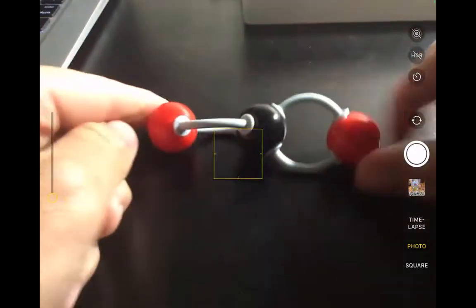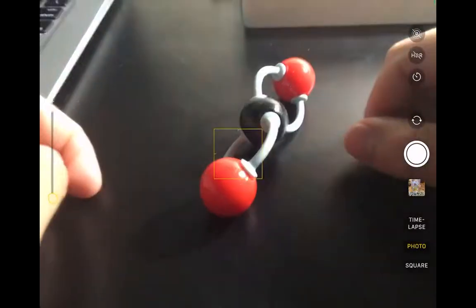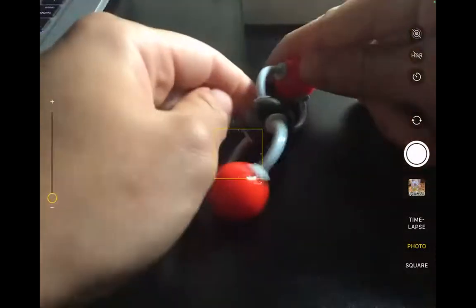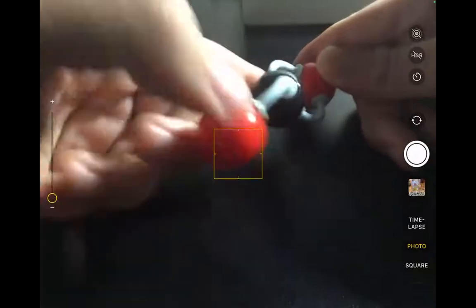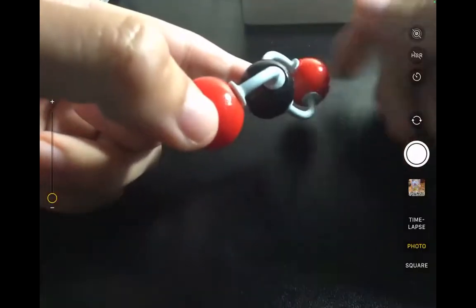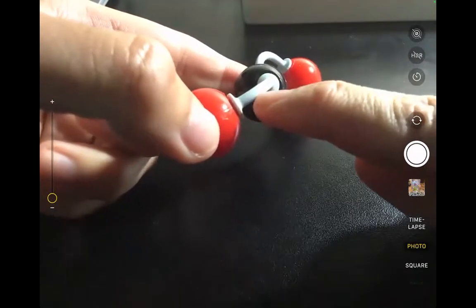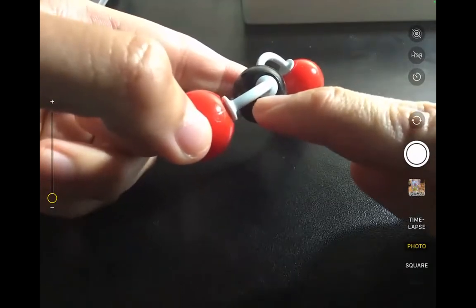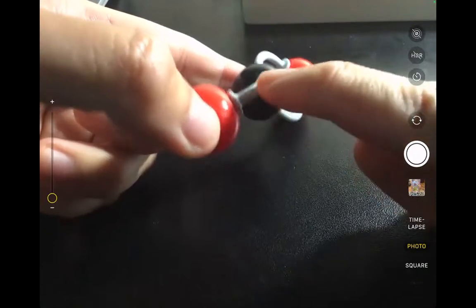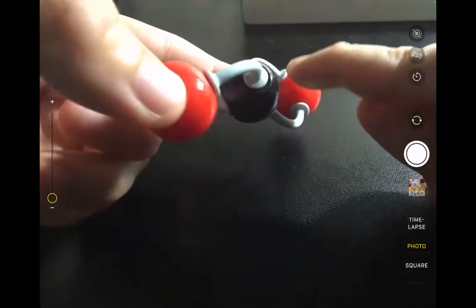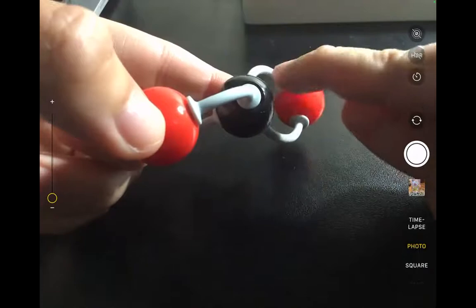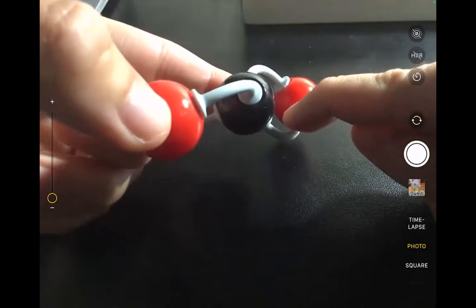Now, if I were to change my perspective, if this is the perspective that I'm working with, how would you represent this bond that I'm pointing at right now? Would it still be one wedge? Yes, it would be wedged. And then these bonds I would be representing as dash lines.